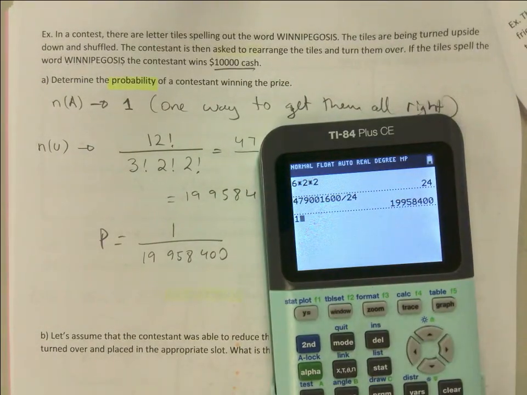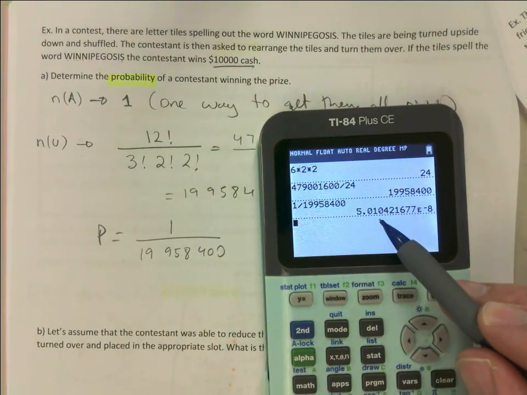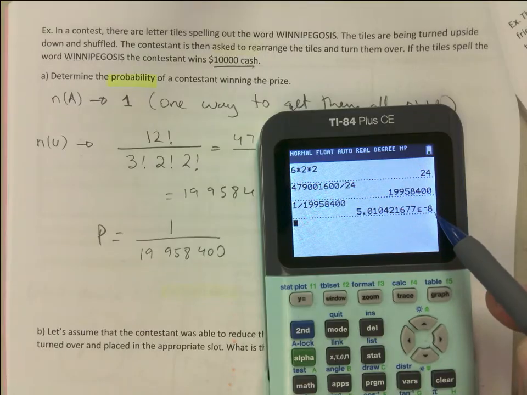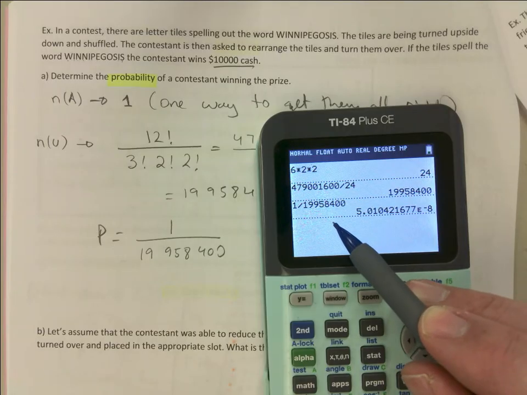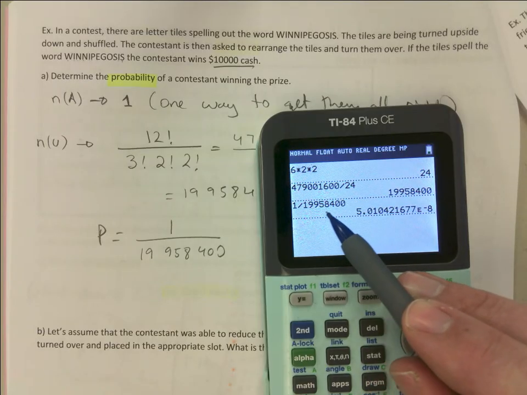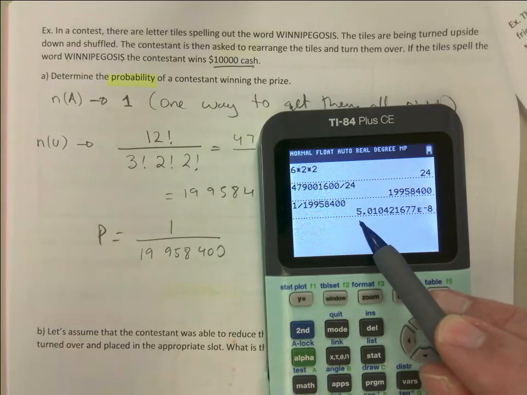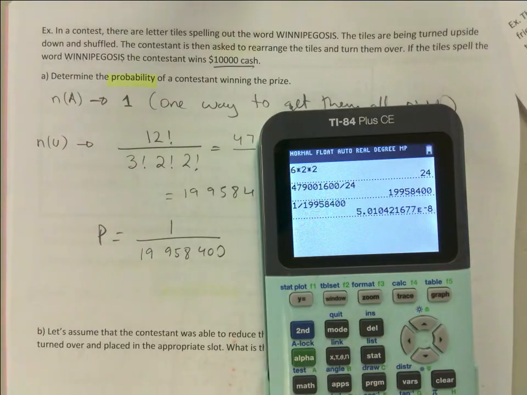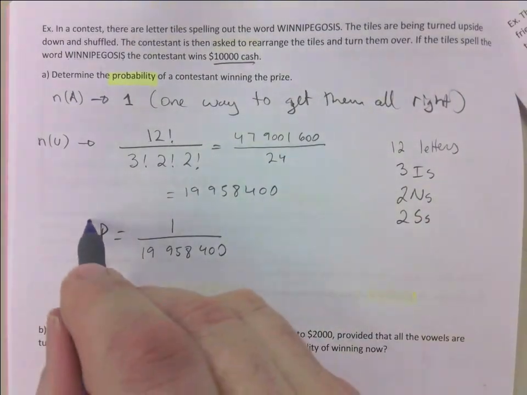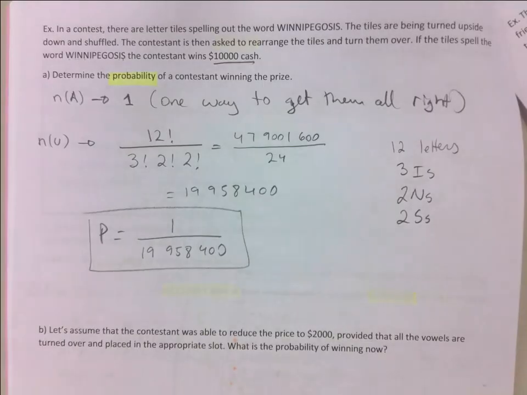In fact, if you go 1 divided by that, it's 5.01 times 10 to the negative 8. So the decimal will shift over 8 places, so you'll have 7 zeros before the 5 shows up. So it's 0.000000005 something. So it's a very small chance. So we don't even bother with the decimal here, okay?